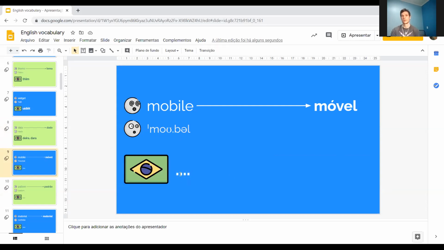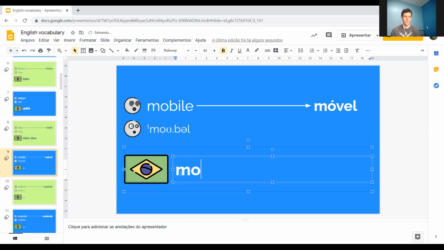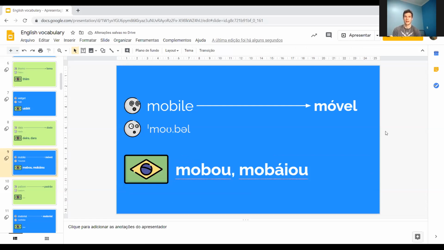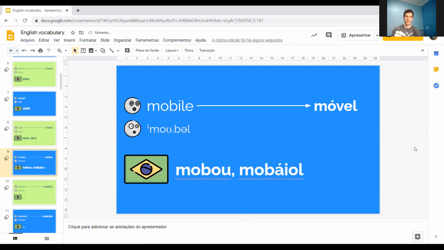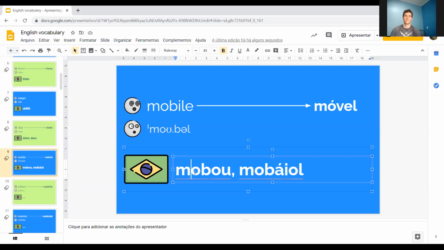The first is more common in the United States, and the second, I believe, is more common in Britain, and the I is a long I sound, so it sounds like the letter I. But you still want to emphasize the first syllable, mobile.